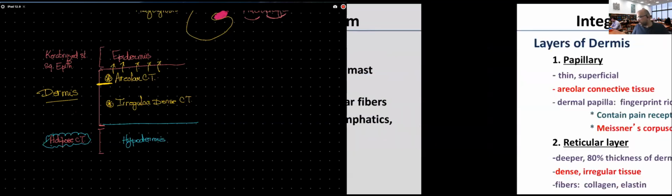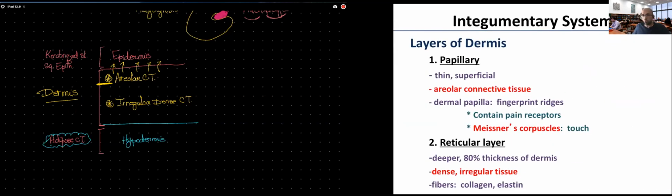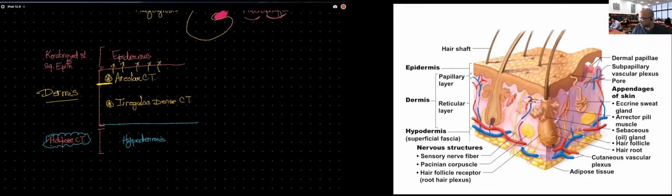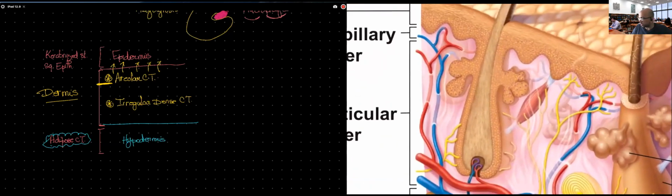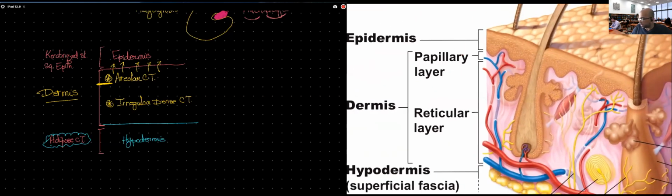And those, you see on here, form two layers. I have the outer layer, which is a thin superficial layer located below the epidermis. This is formed of areolar connective tissue. The major characteristic of this layer, called the papillary layer, is that it has papillae.